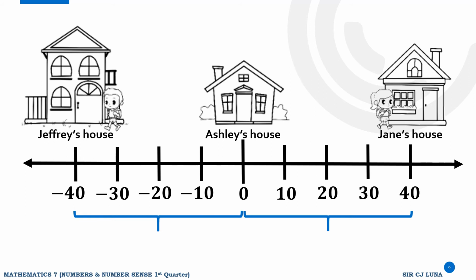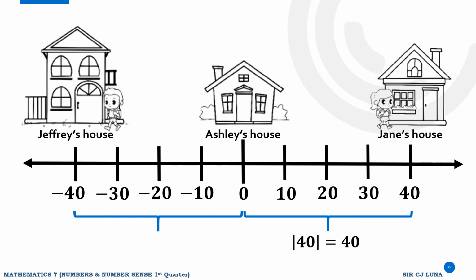So we have this one. Si Jane ay naglakad papunta sa east. That is absolute value of 40. At ano yung absolute value ng 40? 40. Tama kayo. Si Jeffrey naman ay papunta sa west.